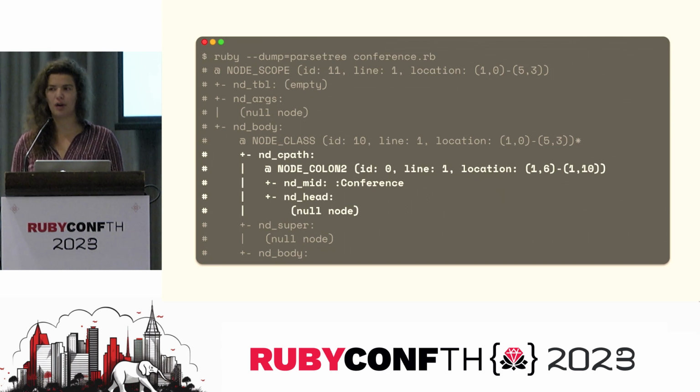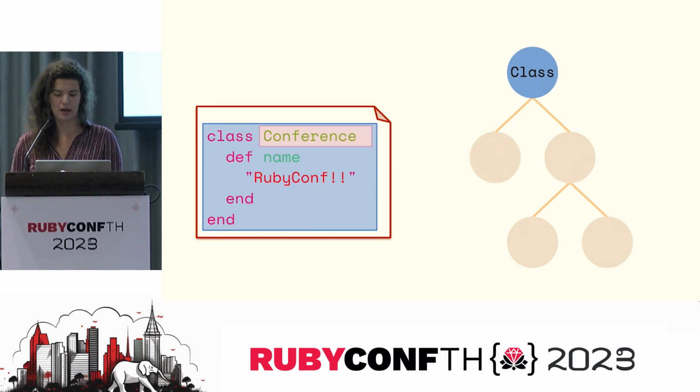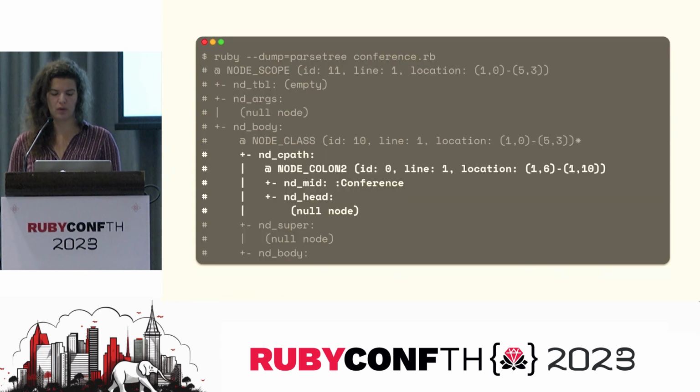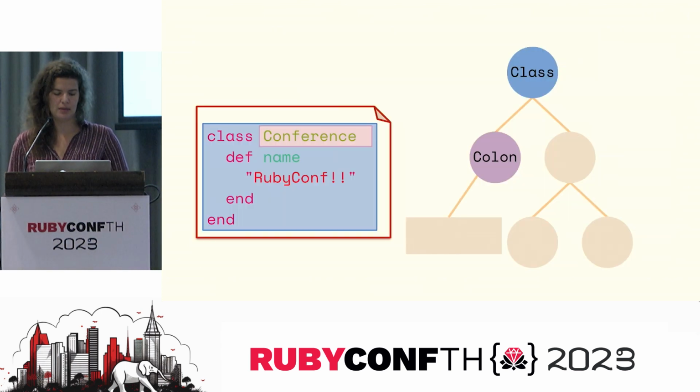And it's what's called a colon node, which isn't necessarily the most descriptive node, but it's giving us an ID for that class. The cpath itself has this MID, a method ID of conference, which we know is the name of that node. And so there's another method ID that's a child of the colon node.